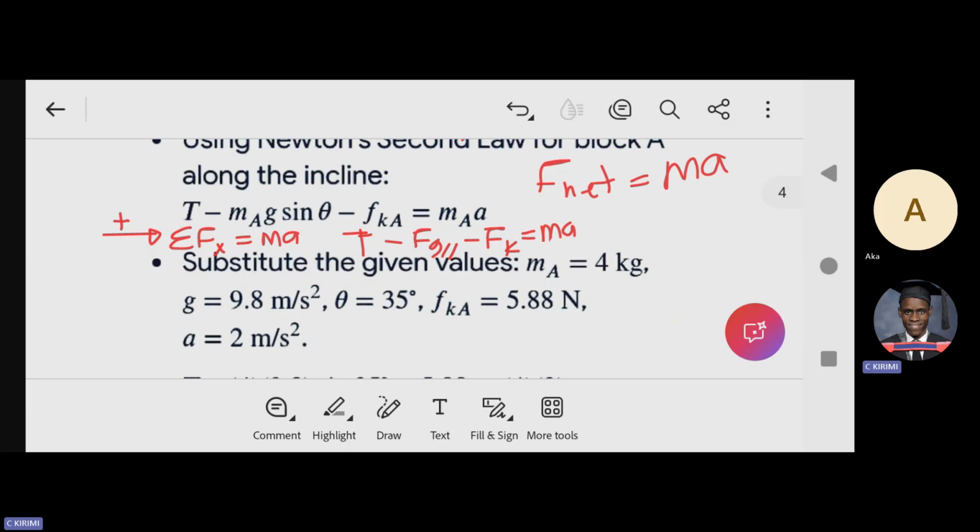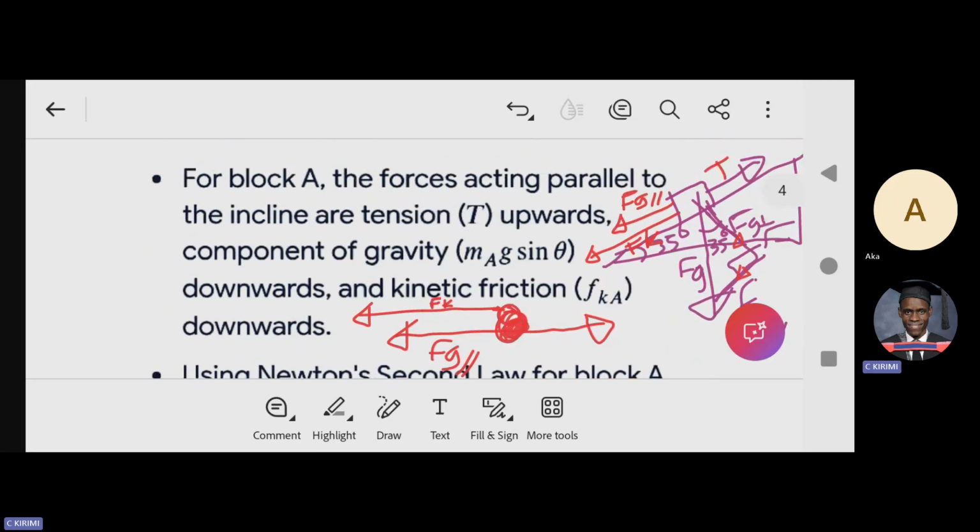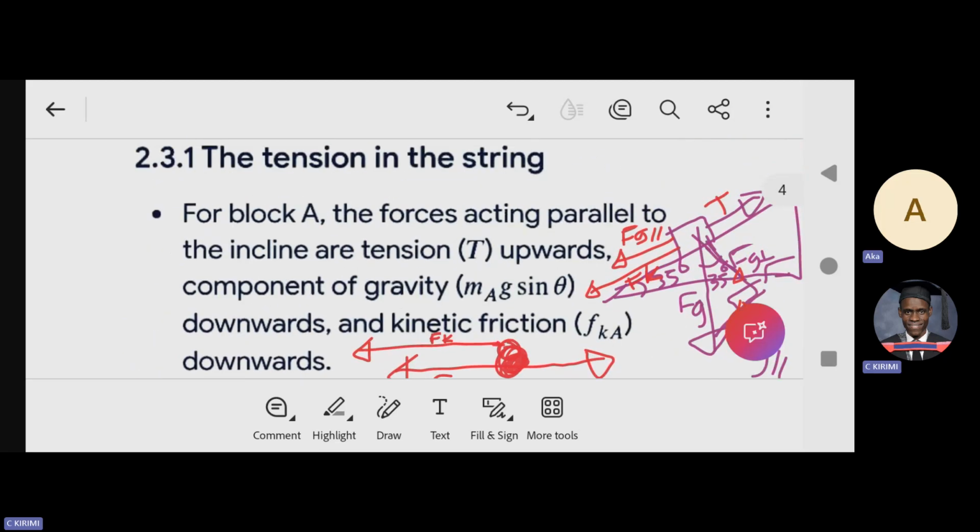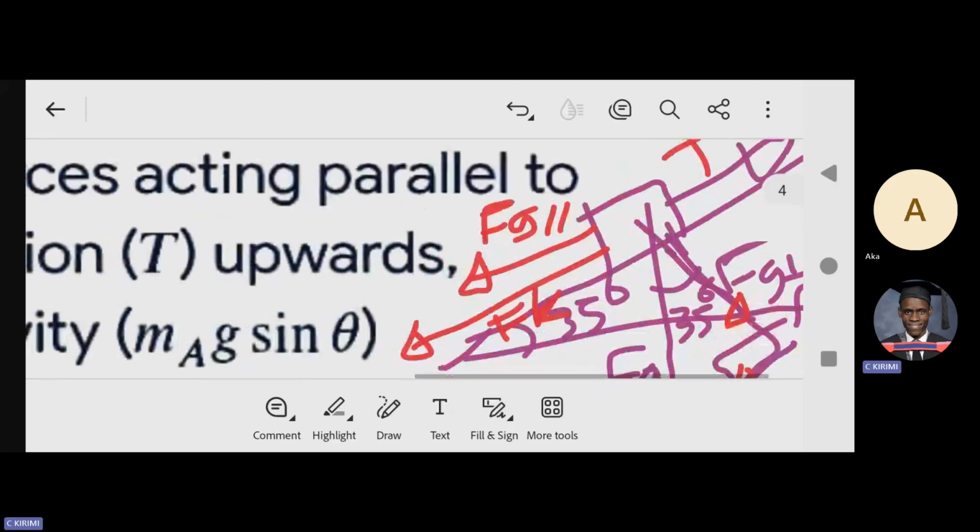Any questions so far? How we got that equation? So, sir, that's how you do it, because this plane is now your X. On that plane, what is happening? There's a pull and a push. The pull goes upwards, and something is dragging downwards.